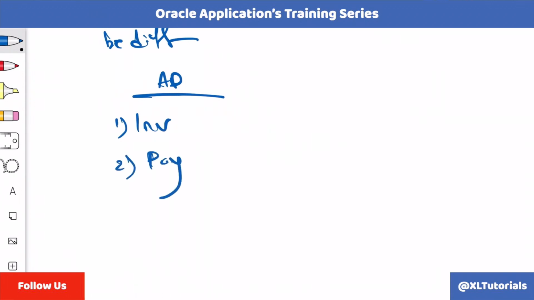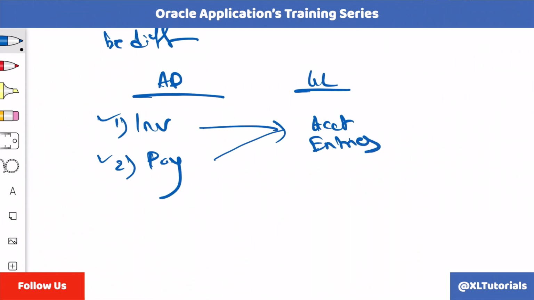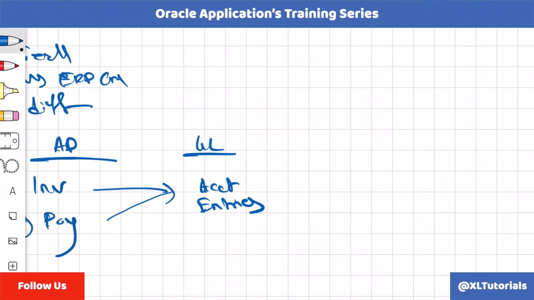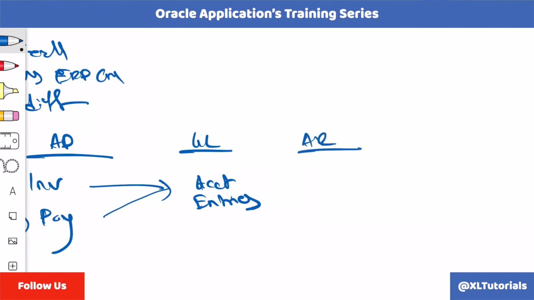Each of these functions generates accounting data, which is sent over to GL in the form of accounting entries. Similarly, for your accounts receivable functions, you are creating customer invoices and receipts, and these also come to GL in the form of accounting entries, right?